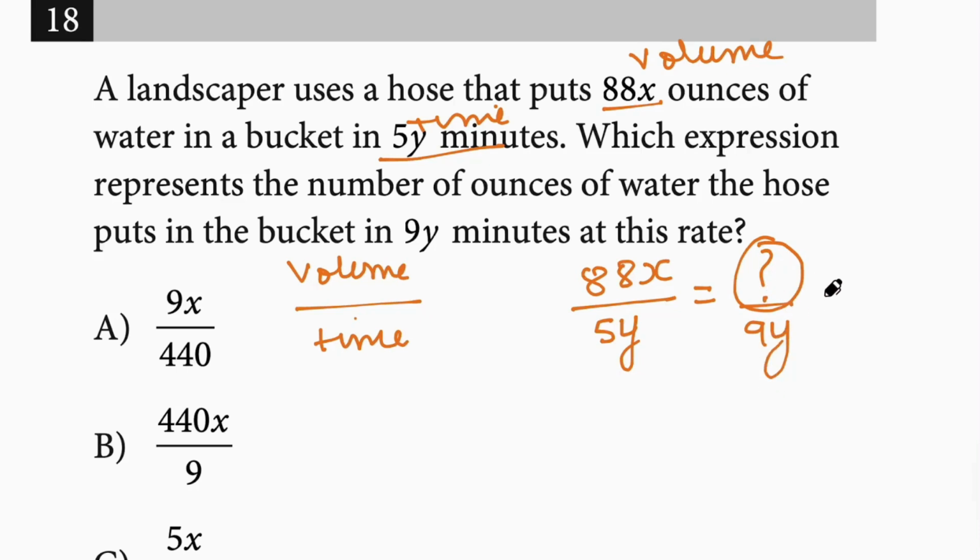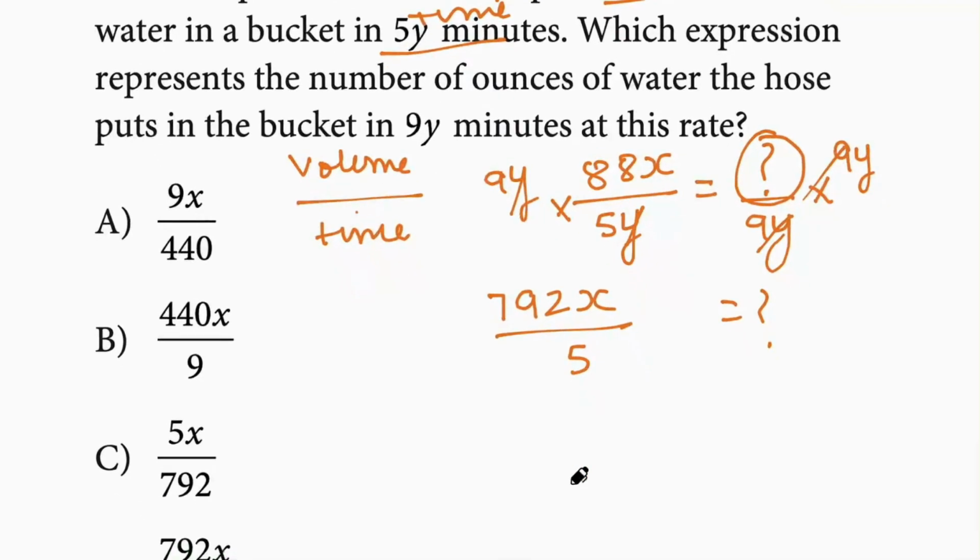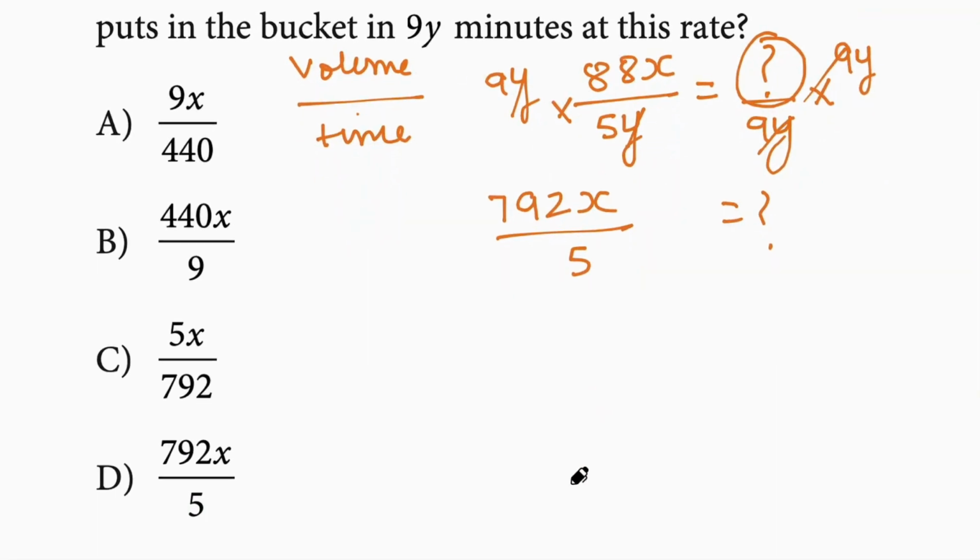Now by multiplying 9y on both sides, this unknown will be calculated. So y and y cancelled, and 88 times 9 is 792x over 5. Let's see the options. Yes, it's D. So D is the right option.